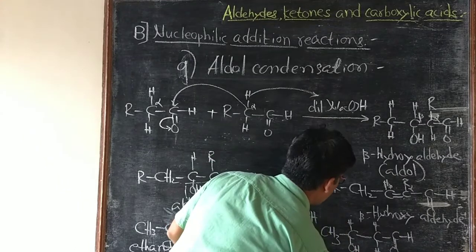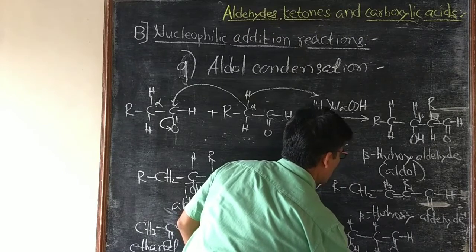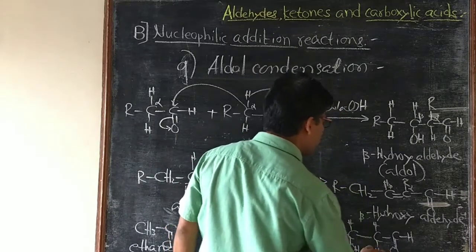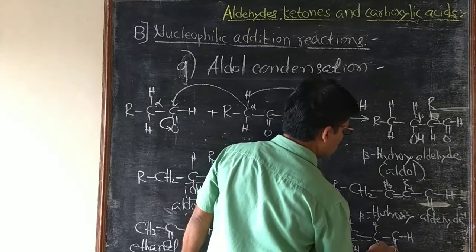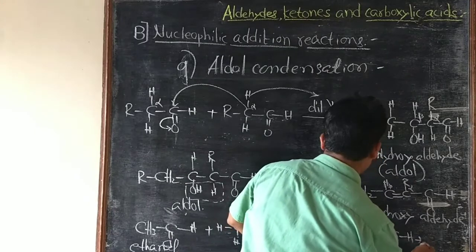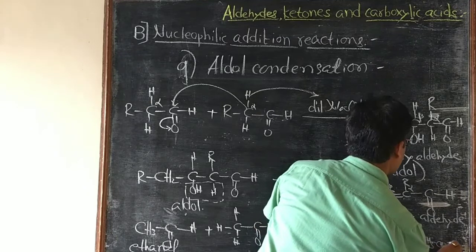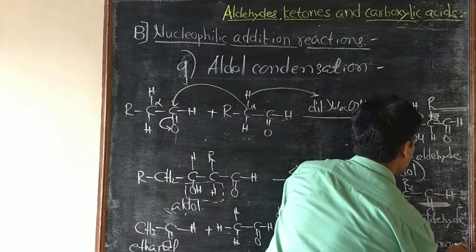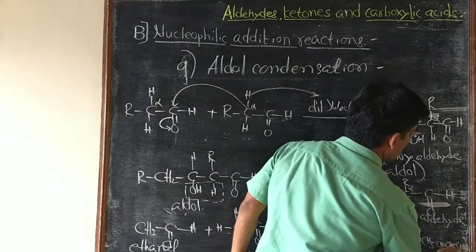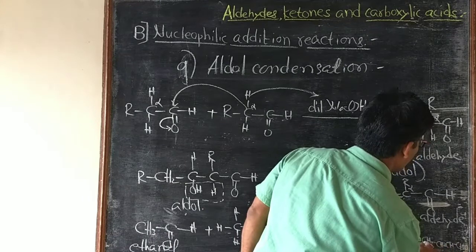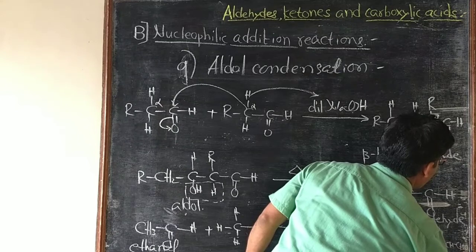This 3-hydroxybutanal on heating eliminates a water molecule to form CH3CH double bond CH and then CHO, that is but-2-enal.